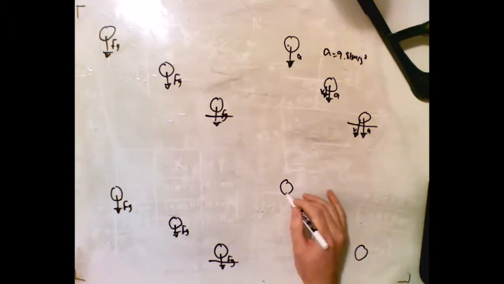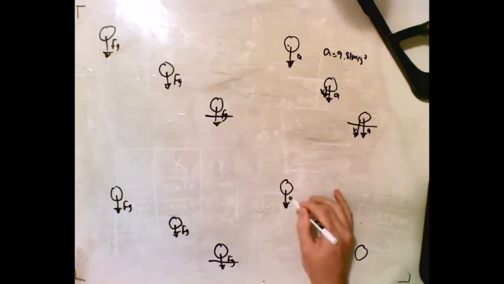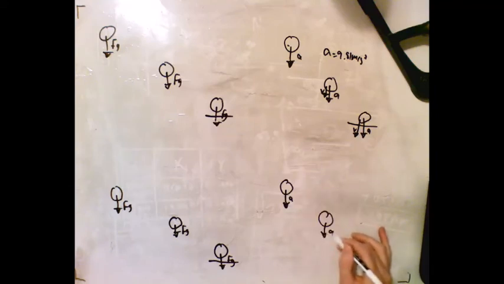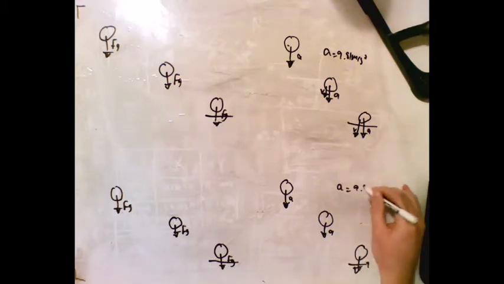If we draw a vector diagram, what we find is that the only acceleration acting on it is downwards, because my net force is down, so my acceleration is down. My acceleration is 9.81, so that looks exactly the same.